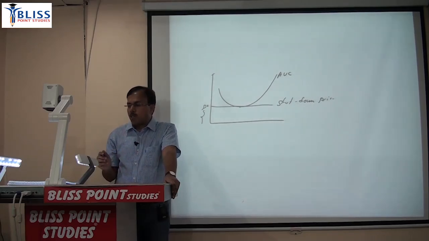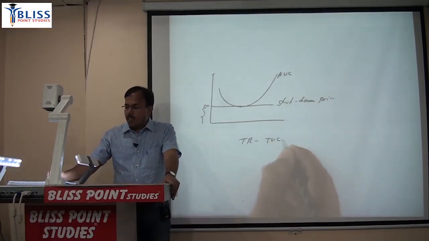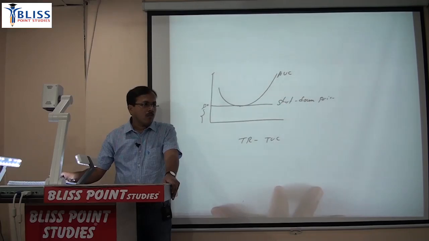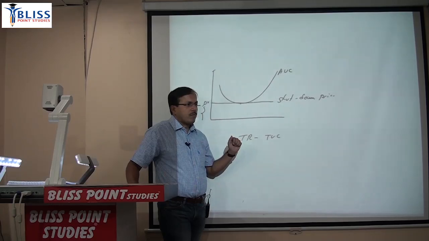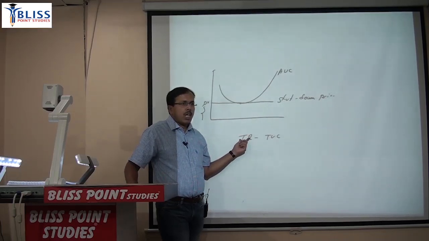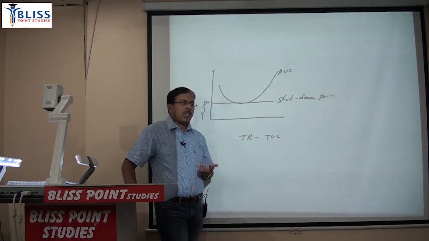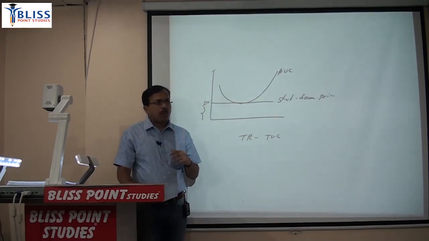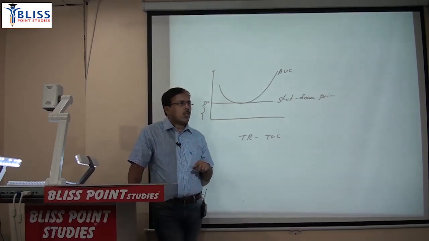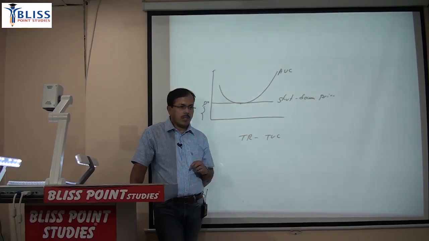Because when total revenue minus total variable cost is positive, it means you have met your variable cost and you have more revenue than that. It means you are partly covering your fixed cost also. If you stop production, revenue will become zero, and then there will be a loss of the entire fixed cost. If you are producing, there is no loss of the complete fixed cost, because you are partly offsetting that fixed cost as well.